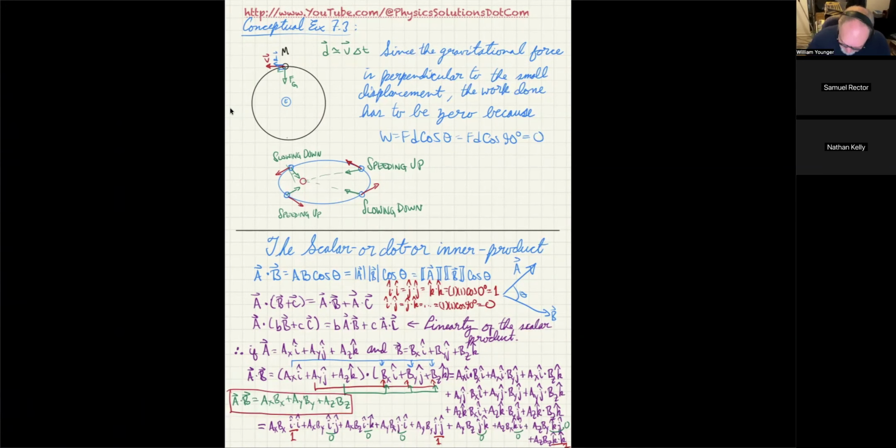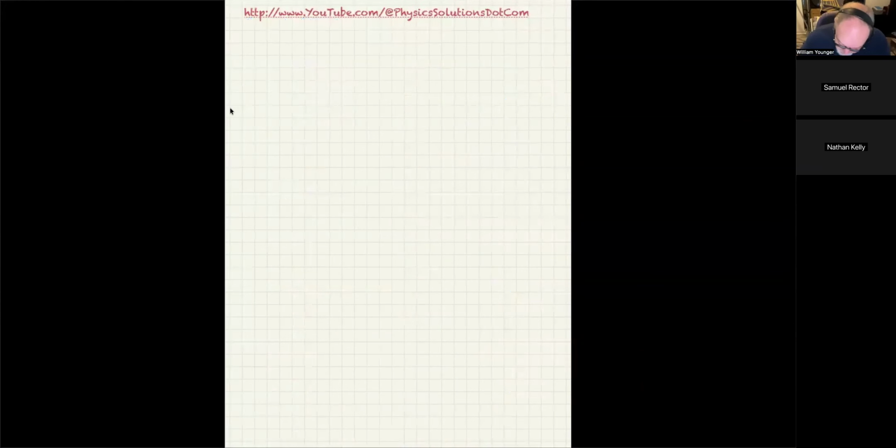So let's do an example so you can have an idea of one, how to do dot products, but two, how we can use dot products. So let's look at this one. This is a dot product example.